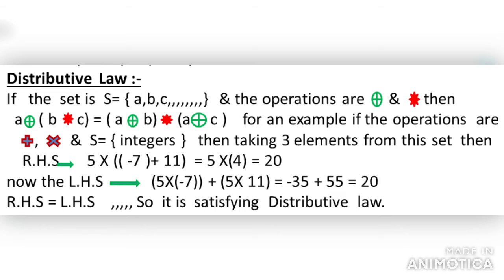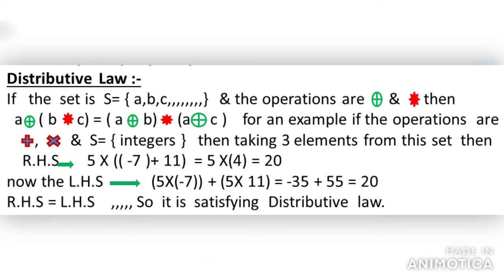So if our operations are multiplication and addition, and our set is the set of integers, and we choose 3 elements at random, suppose 5, minus 7, 11.